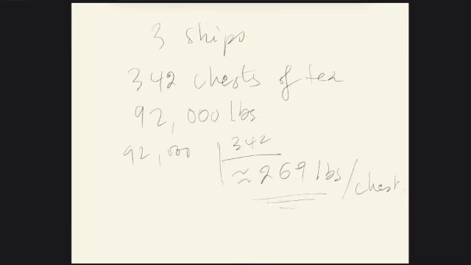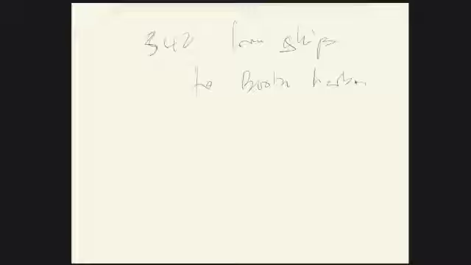That's heavy. Now imagine lifting even one chest, or moving 342 of these from the ships to the Boston Harbor. This was not a random act. It required organization, planning, and coordination.